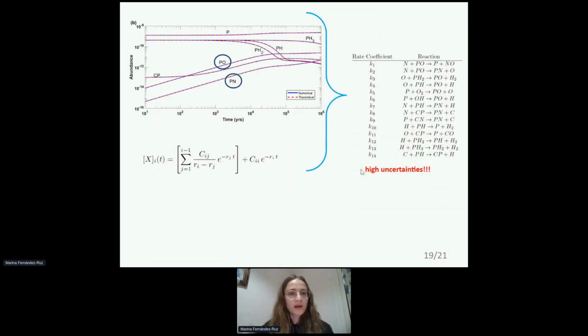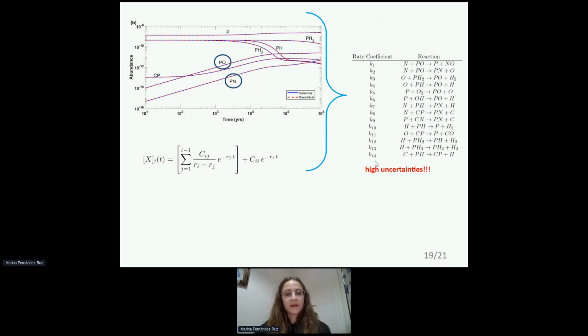So far I have explained how the model works. We have the numerical results and the theoretical results. The thing is, a numerical simulation takes much more time than a theoretical one. So with our formula, we can calculate as many simulations as we want. We are going to use it to address the problem of the uncertainties on the rate coefficients.